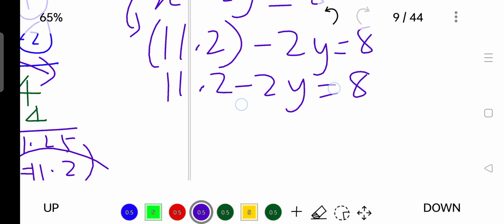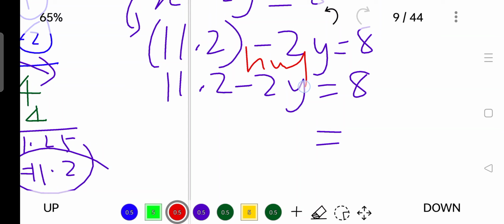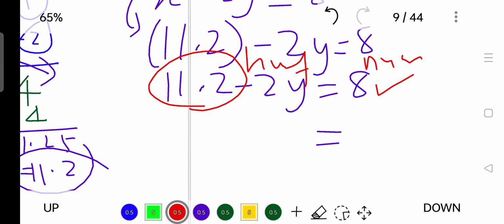Always remember, this is the house of the variables, or I call it huruf, and this is the house of the numbers. So whenever your number is here, it is correct, but whenever your number is stuck here, it is wrong. So you put a positive and bring it over.